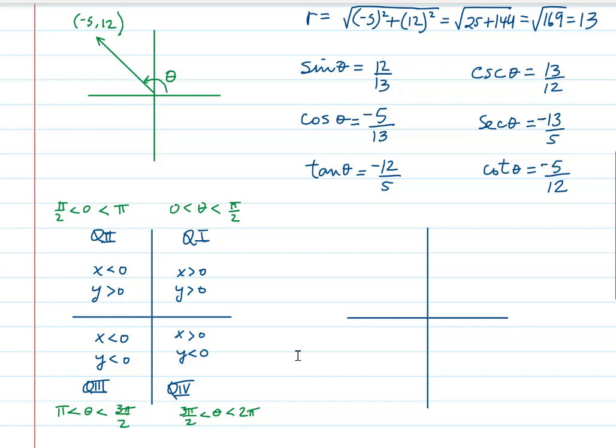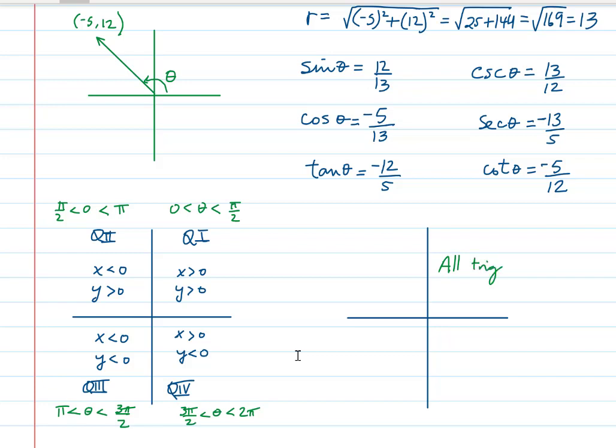Now from here, based on the sign of x and y, we can come up with the signs for the trig functions that we've defined. So on the first quadrant, obviously both x and y are positive, so that's going to make everything positive here.